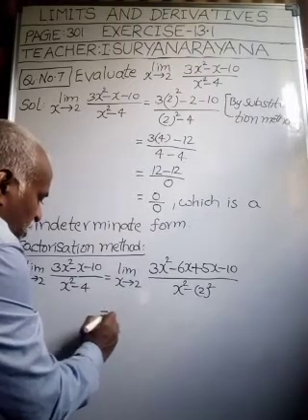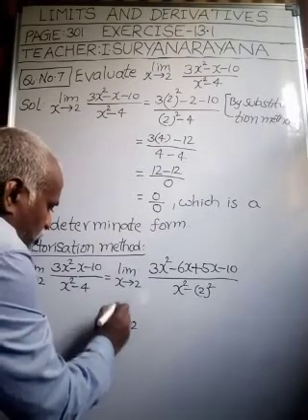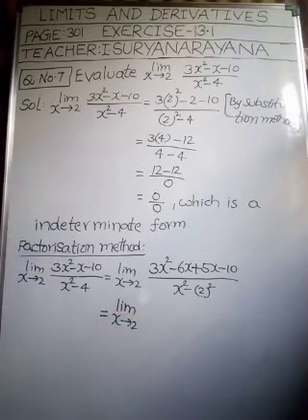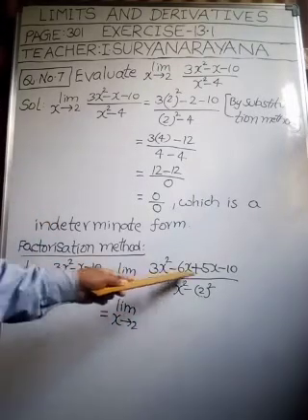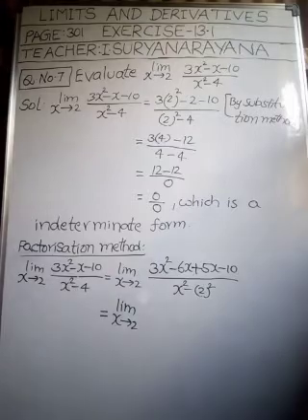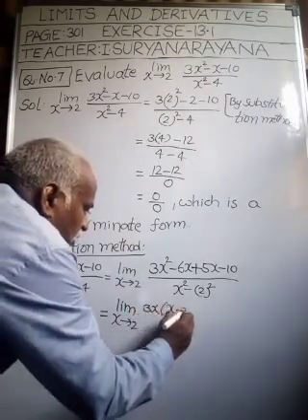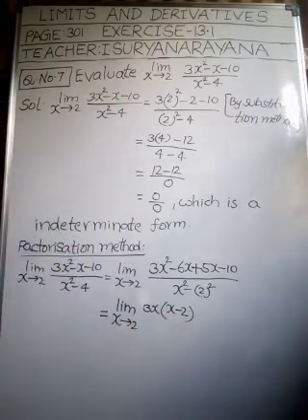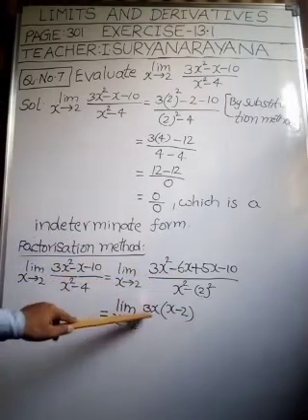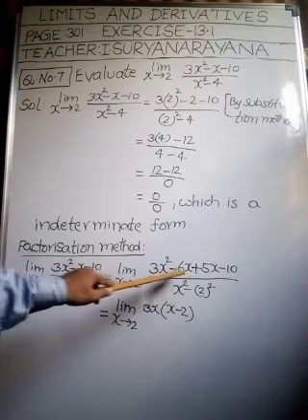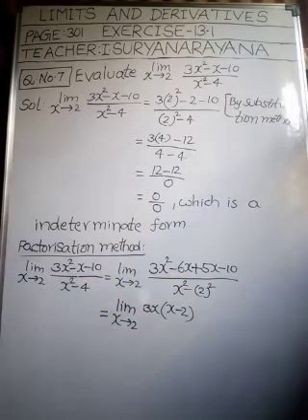Right. That is equal to, as x tends to 2, limit, from these first two terms, 3x is a common factor. Isn't it, my children? Right. 3x into, what will you get here? If you take out the common factor 3x, x minus 2 from these two terms. Right.